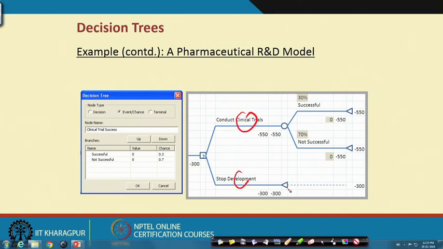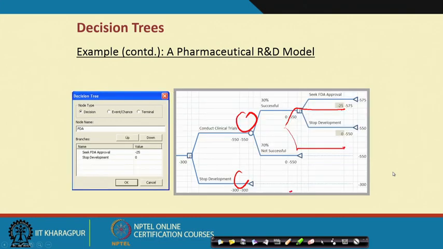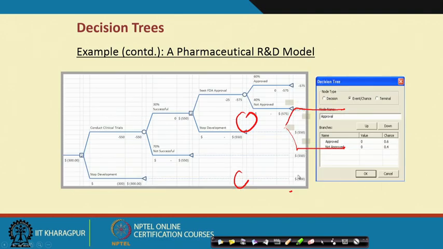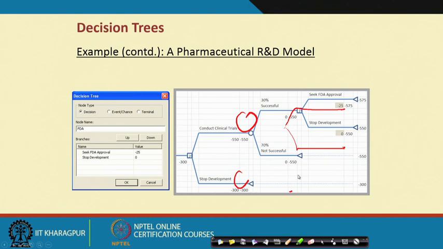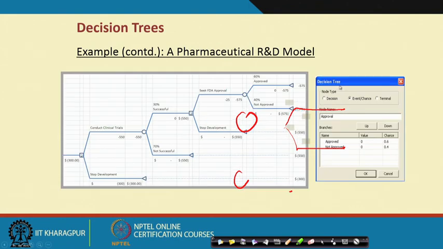Now, if this is stopped here, this will continue. One side continues with successful and not successful, right. So, we have two different branches, and then this can be a further branch. If not successful we can stop here, then this part can continue, and this part continues with seek FDA approval and then stop development.